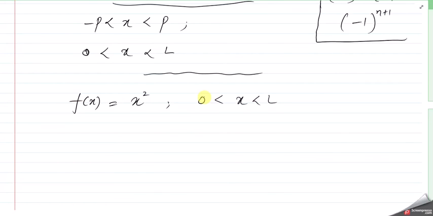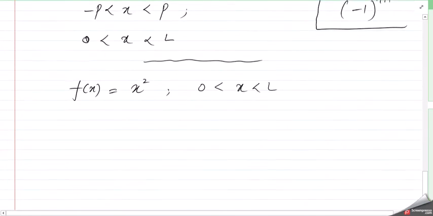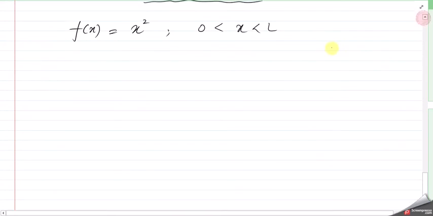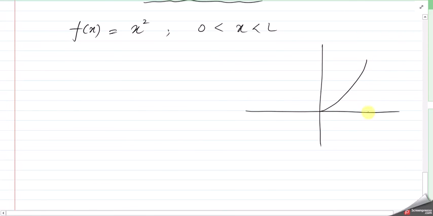What we do in this situation is, if we look at the graph of the function, 0 to L, it's a parabola, very simple graph. So 0 to L, this is the original function, x square.